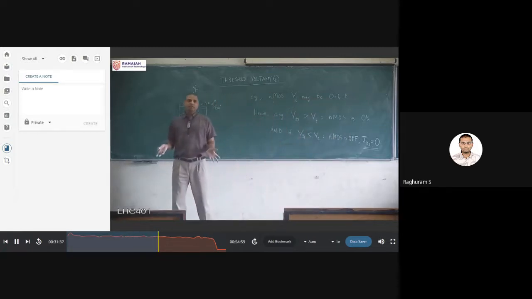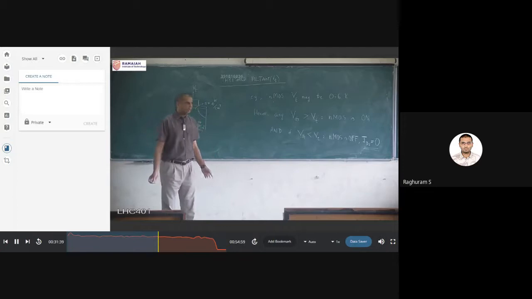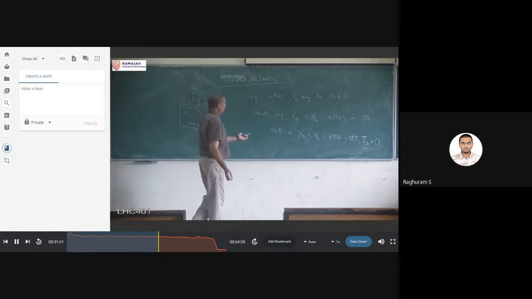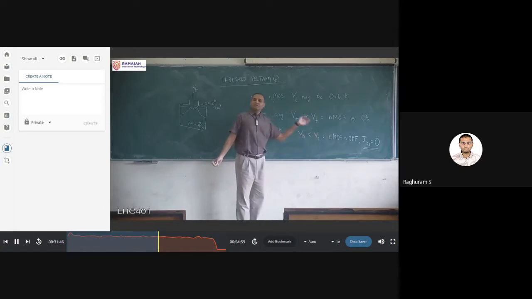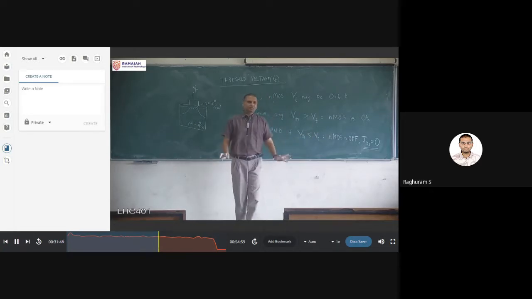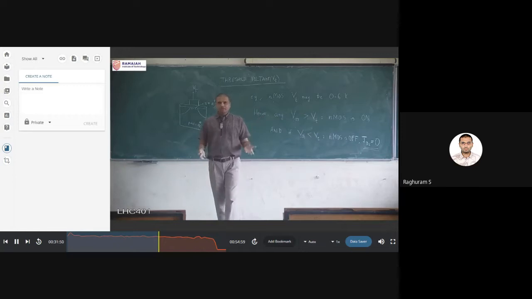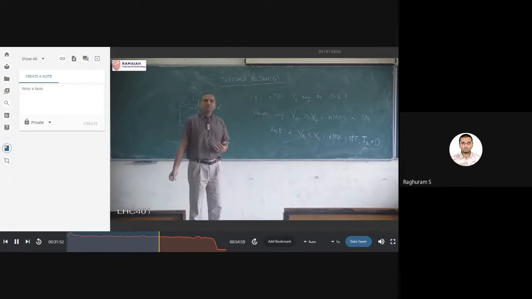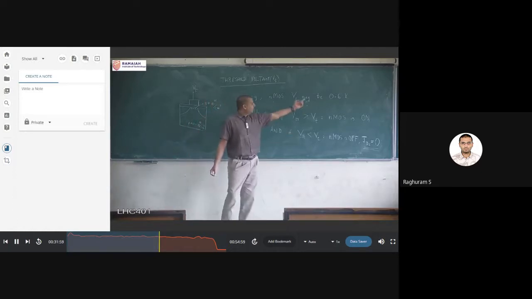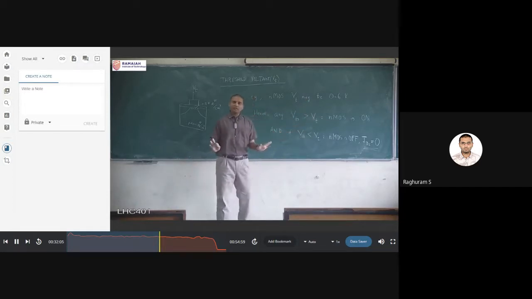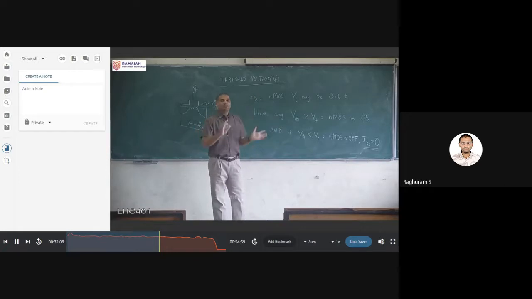There's no need for you to calculate. If the gate voltage is lesser than the threshold voltage, the NMOS is considered off. If you're part of a numerical problem where they have given you multiple values of VG, and for one of the conditions you find that VG is lesser than the threshold voltage of 0.6 or whatever, directly you can write IDS equal to 0. You don't have to calculate the current.